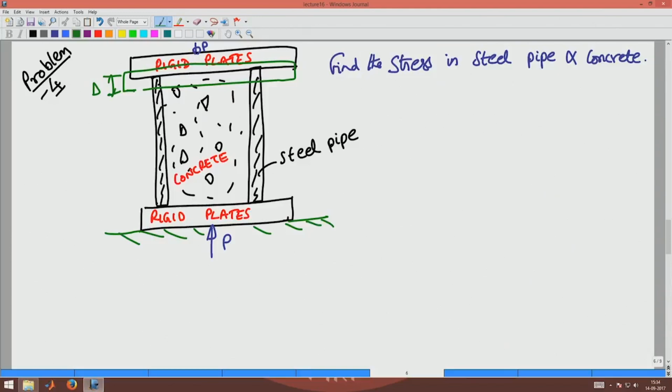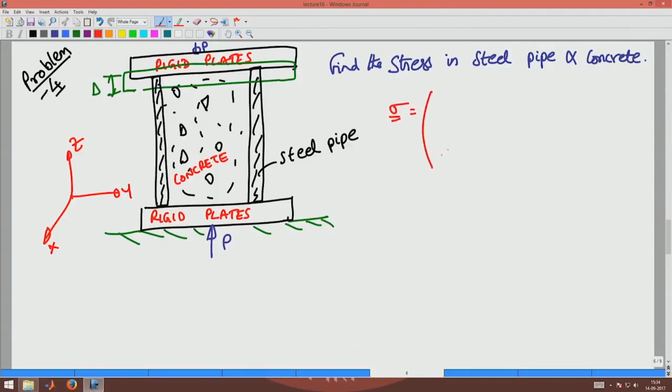Let us assume that the coordinate system is given by x and y in the plane and z along the axis of the cylinder. Then what will be the stress state?